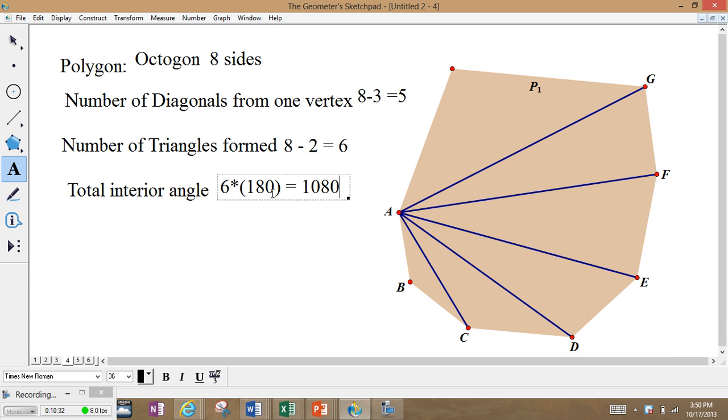Checking: 6 times 180 is 360, 720, and another 360. So we've got 1080 as the total angle measure.